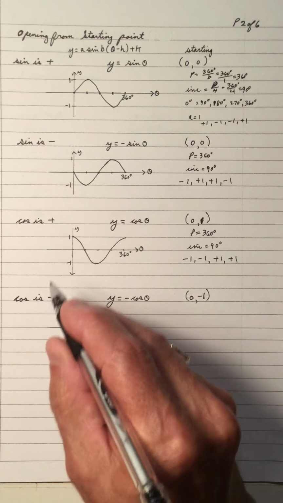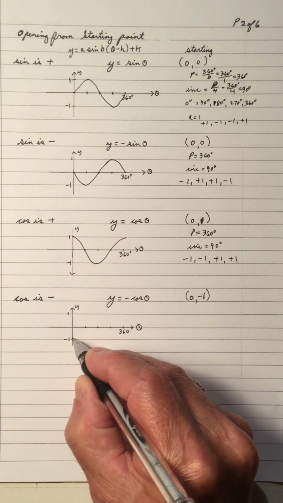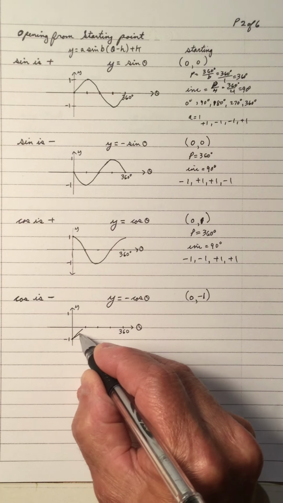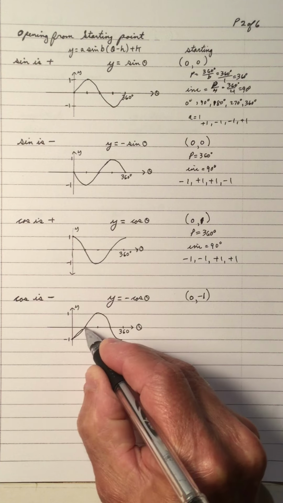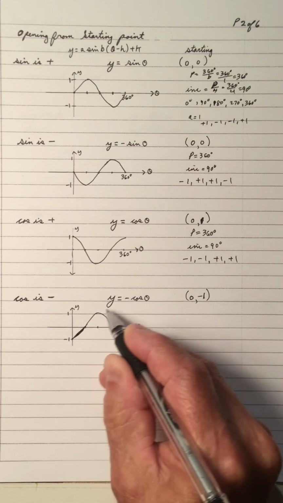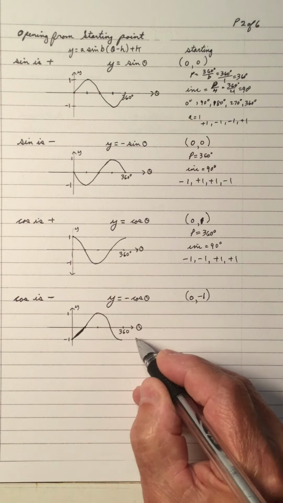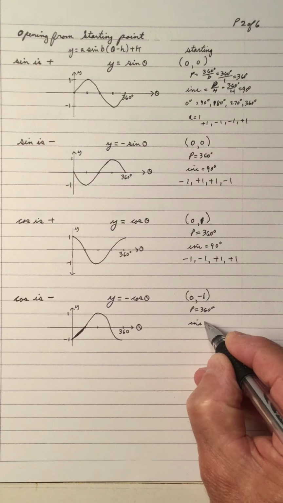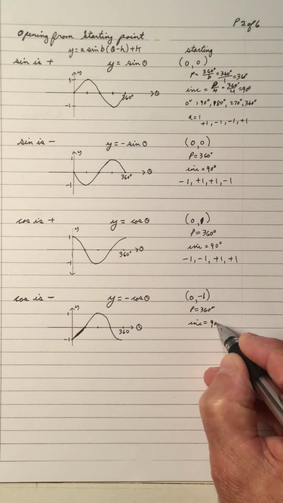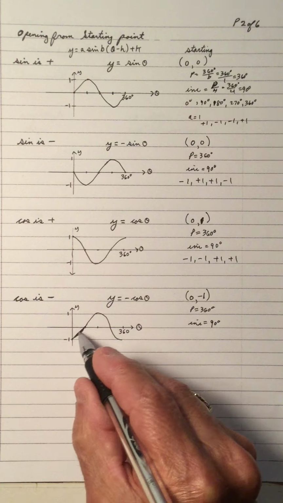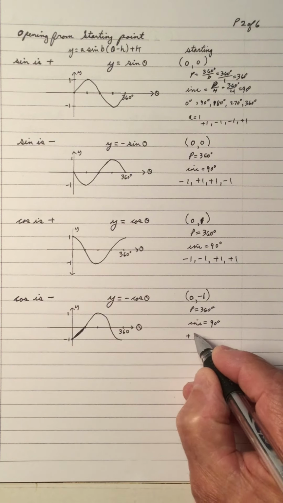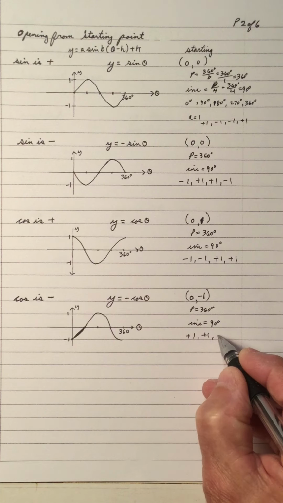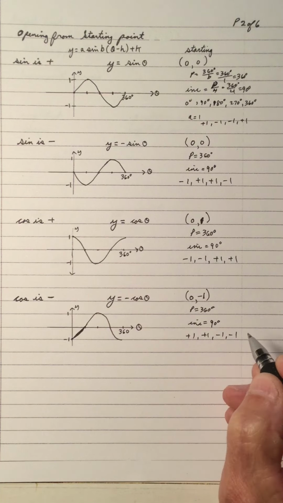When cos is negative, it will start down here and go up, up, down, down. Just make that little bend right there look okay. The period is 360, the increment change is still 90, but if the cos is negative, from the starting point it will go up 1, up 1, down 1, down 1.